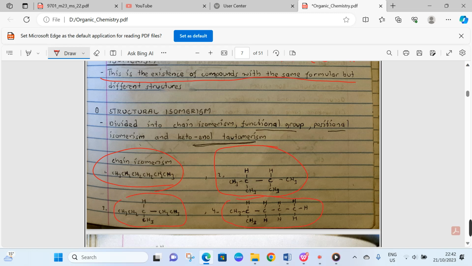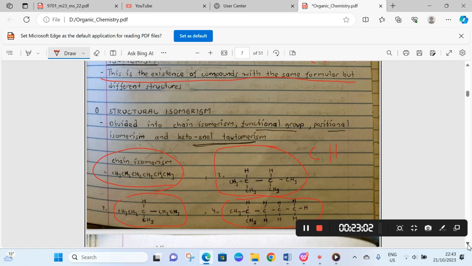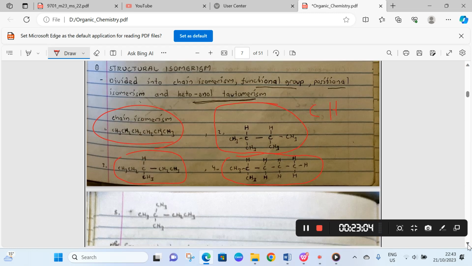They have the same formula, the same number of carbon atoms, same number of hydrogen atoms, but how these atoms are arranged is different. That is what we're referring to as isomerism. I shall make a separate video on isomerism to help you understand this.